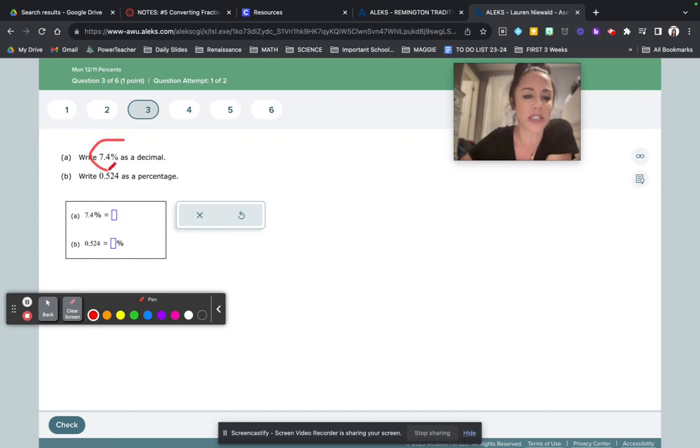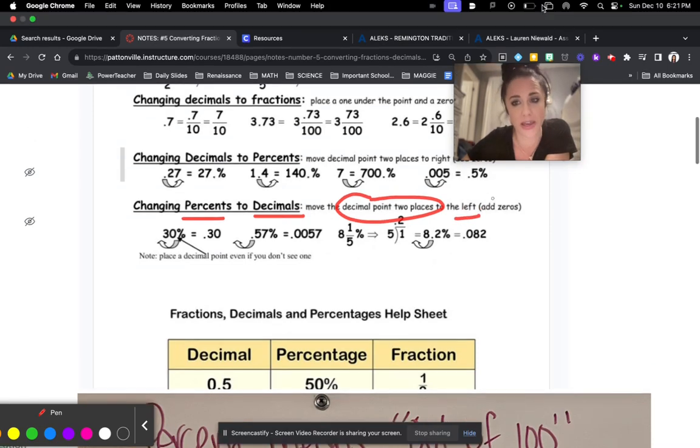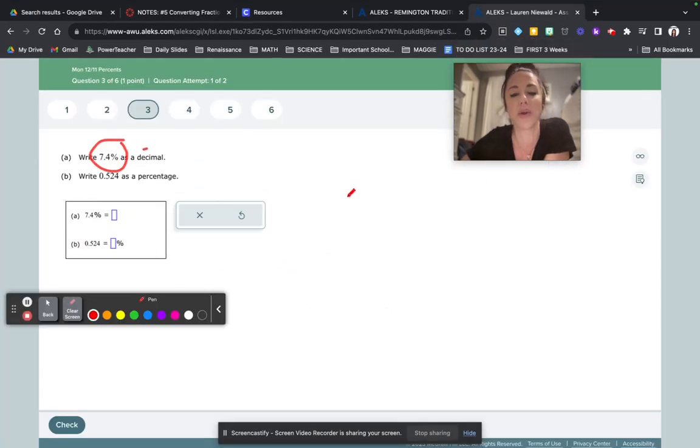So we're going to look at this. We're starting with a percent and we want to go to a decimal. If we are looking at how to get from a percent to a decimal, the overall rule is that you're just moving your decimal point 2 places to the left. So we have 7 4/10, and we want to go 2 places to the left.